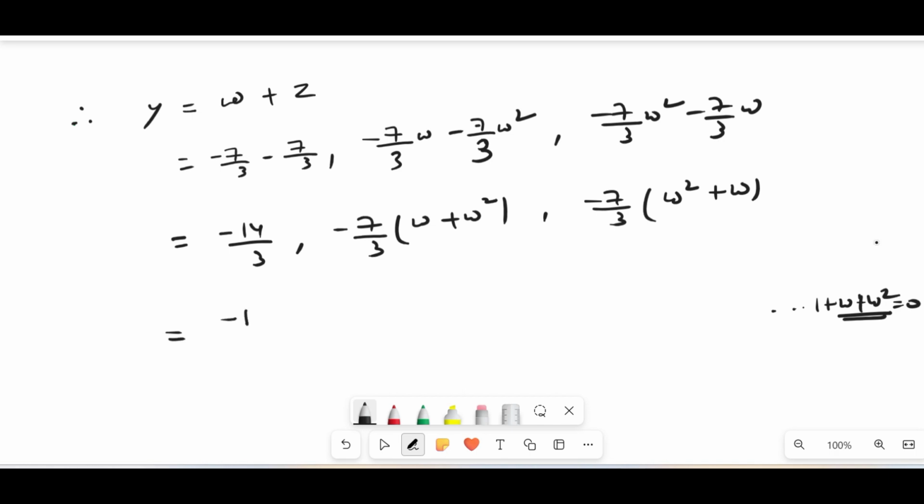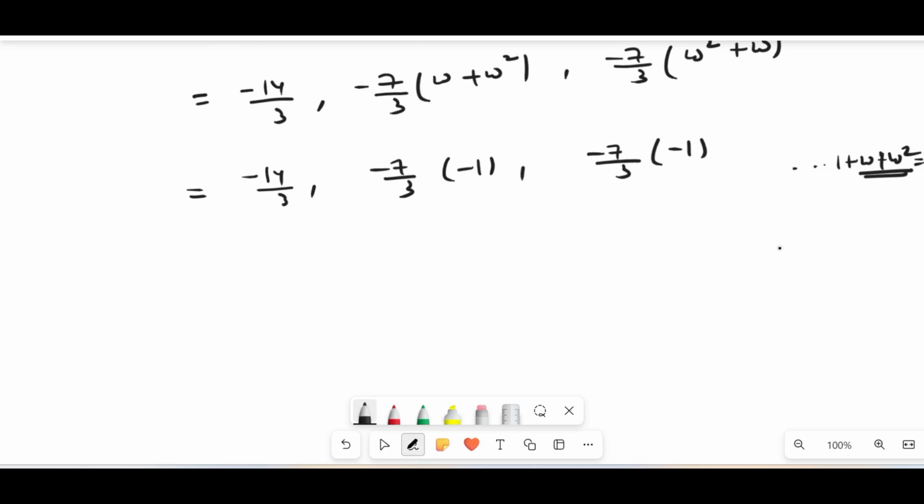So here we will have negative 14 over 3, negative 7 over 3 times negative 1, and negative 7 over 3 times negative 1. So our roots y will be negative 14 over 3, 7 over 3, and 7 over 3.